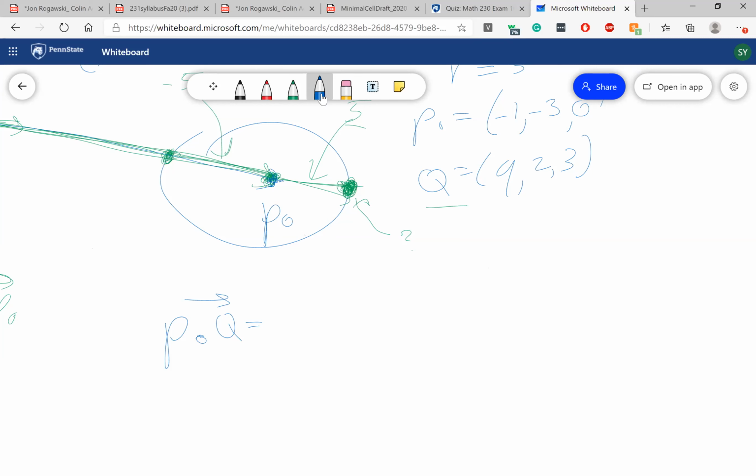Okay, this is going to be 9 minus 1, which is 10, 2 minus minus 3, which is 5, and 3. So that's the vector that starts from P0 and goes to Q. Now we want to find the distance, so we can look at the magnitude of this vector.